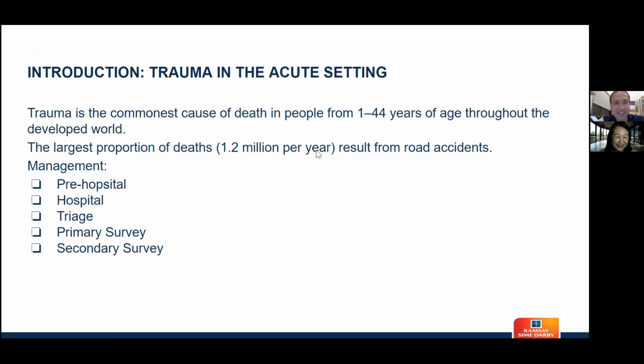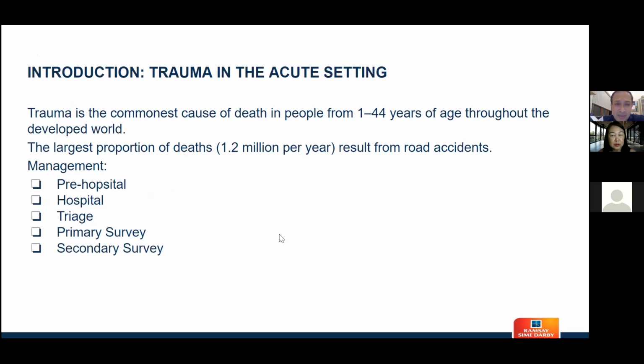All right. So, introduction: trauma in the acute setting. This is generally a little bit on emergency management. Trauma is actually the commonest cause of death in young people aged 1 to 44 worldwide, especially in the developed world. A large proportion of that is a result of motor vehicle accidents.